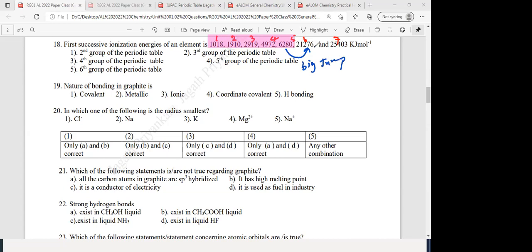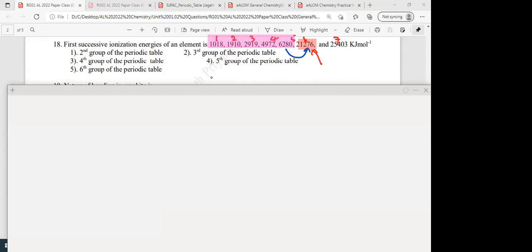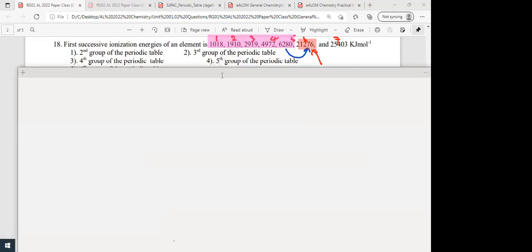What does that mean? This electron has been removed from the inner shell. That means this electron, I'll put an arrow on, right? So this is one removed from the inner shell. The first 5 electrons are removed from the outermost shell. Please mark that if you want, because the gap is not that different, the difference is less.